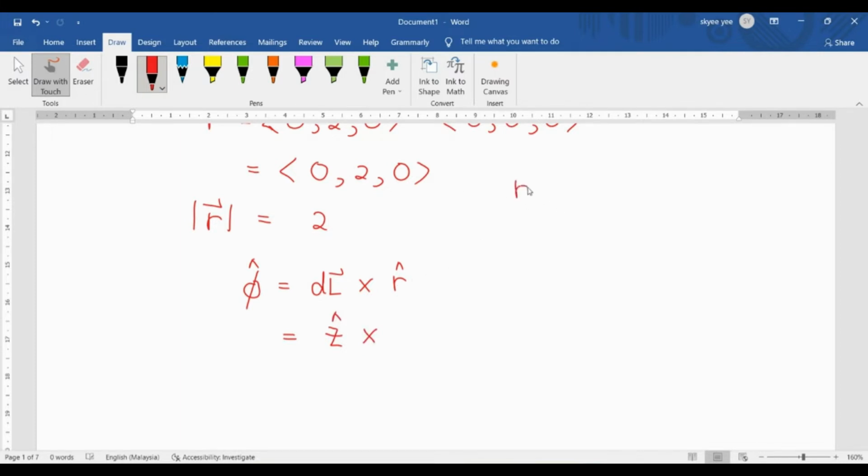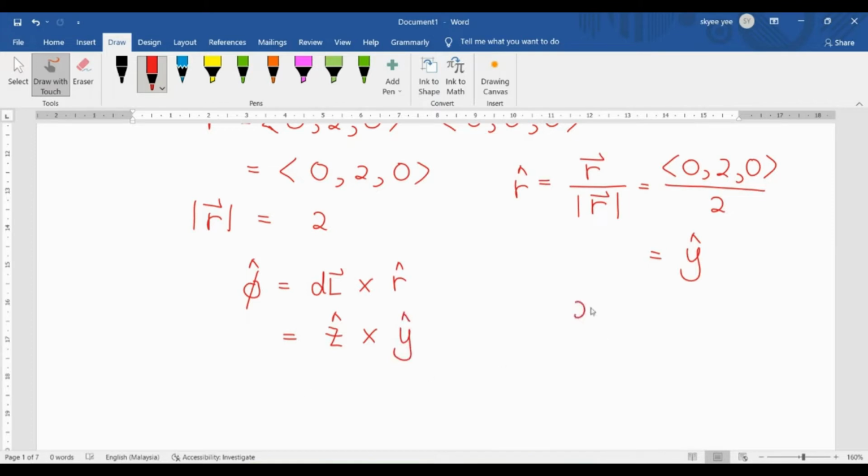Just now we already calculated these two things, so we can continue. To get our unit vector r, this is 0, 2, 0 divided by 2. So you only have the y component, which is 1 y.